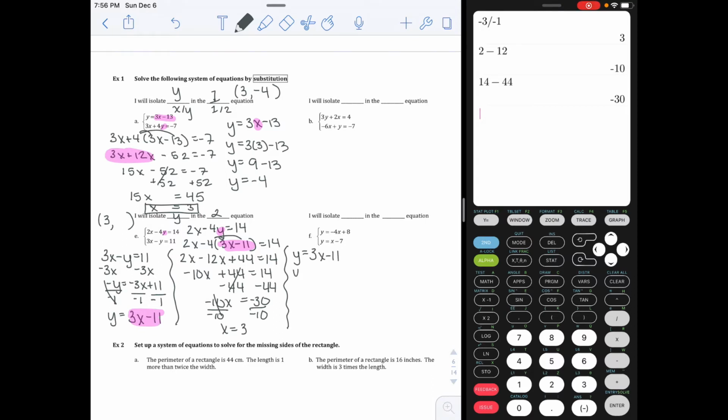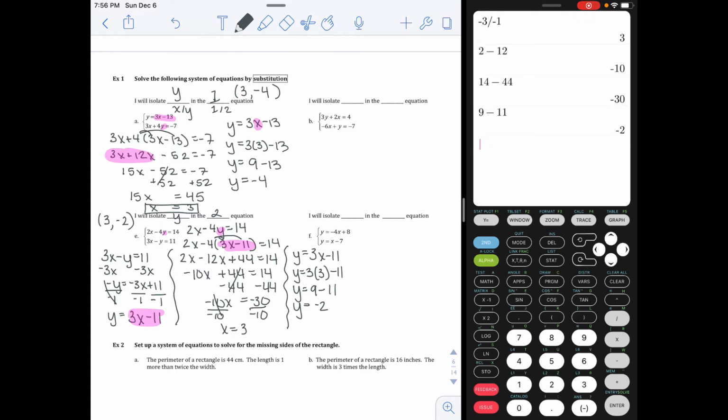Now I'm going to plug in the 3 inside of the x spot, and we have 9 minus 11, and we get a negative 2. So I'm going to go back into my coordinates, right, and put in that negative 2 into its spot.